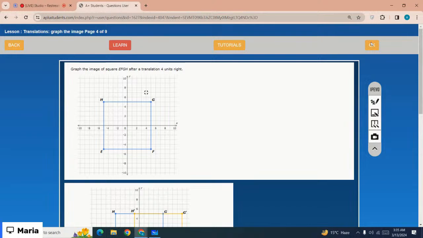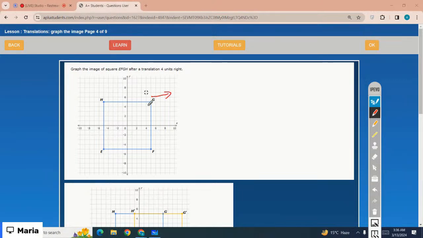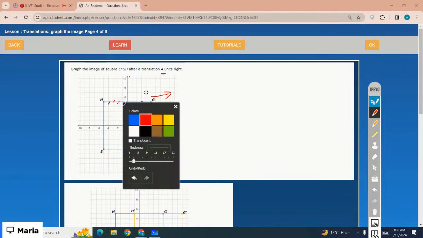That means when you move right or left, you have to move on the x axis. You need to move right, like that means you have to move over here 4 units right. So start moving all the points 4 units right. So start with H. You have to move 4 points, 1, 2, 3, 4. That means the new H dash is here, right?